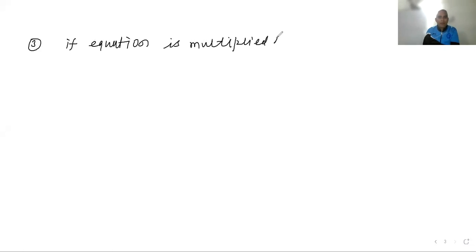Let us try to do some other problem. Third point: if the equation is multiplied by 2, then Kc dash is Kc square and Kp dash is Kp square.